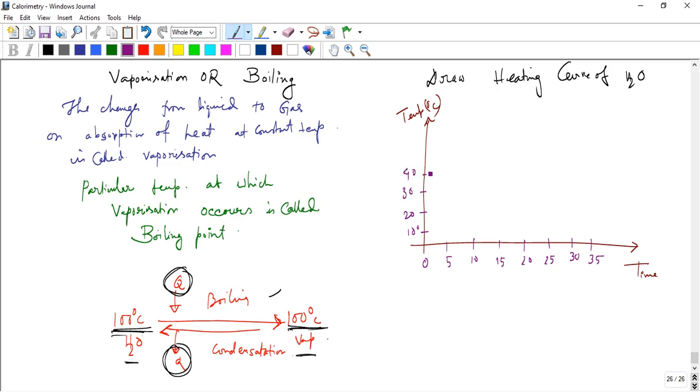up to 100 degrees centigrade. Okay, so some water at 0 degree, some liquid, taking some time.